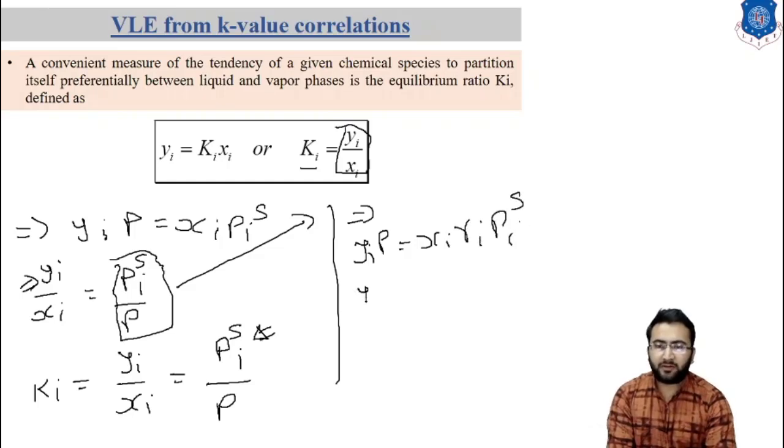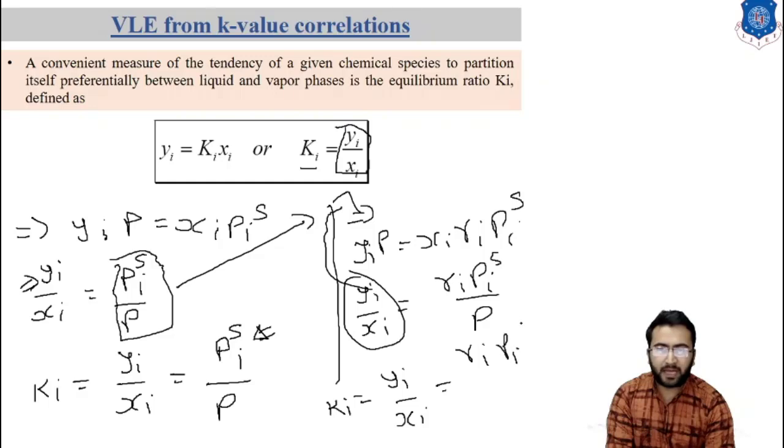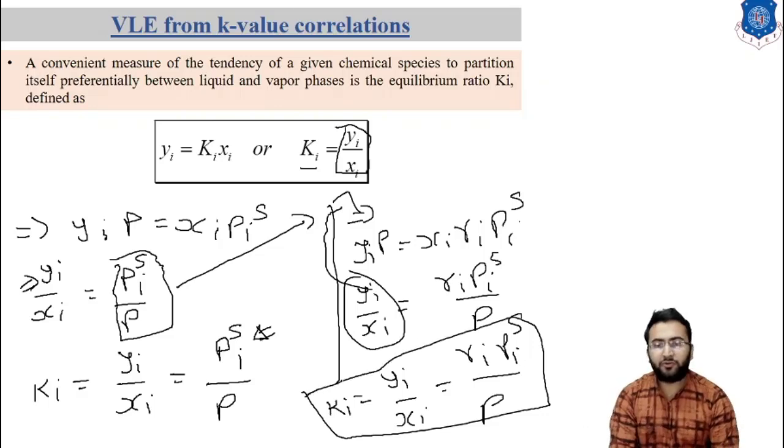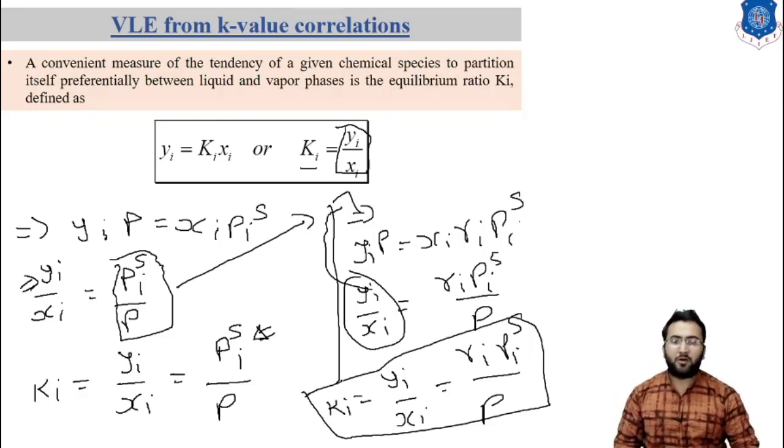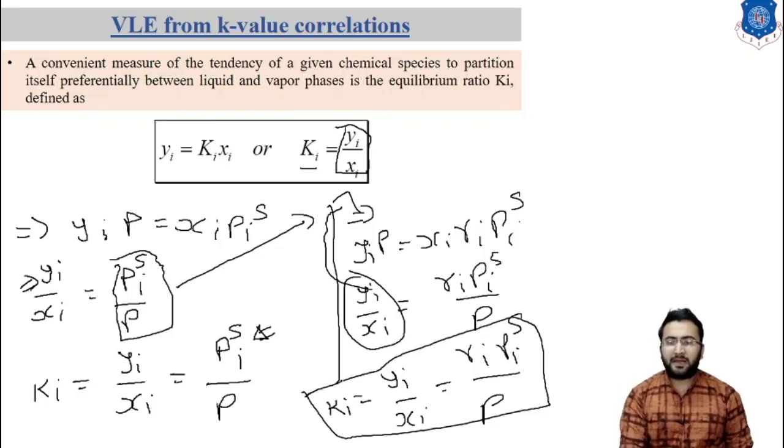So making Yi upon Xi the subject, this becomes gamma i Pi saturated upon P. Now replacing Yi upon Xi again, we get Ki is equal to Yi upon Xi is equal to gamma i Pi saturated upon P. This equation is used with modified Raoult's law to know whether a particular component is more in the vapor phase or more in the liquid phase. So this is all about vapor liquid equilibrium for K-value correlation.